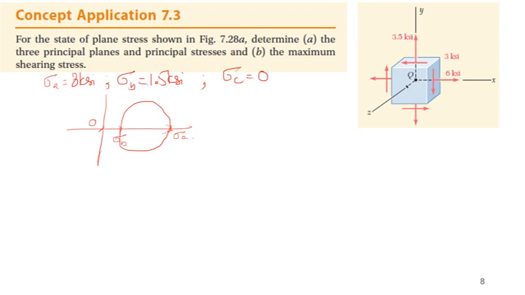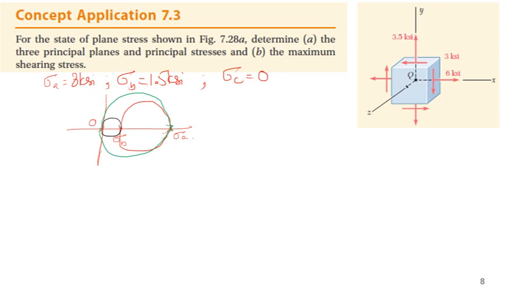Now if I draw the second circle, it must be between sigma B and 0. And the largest circle will be between 0 and sigma A.